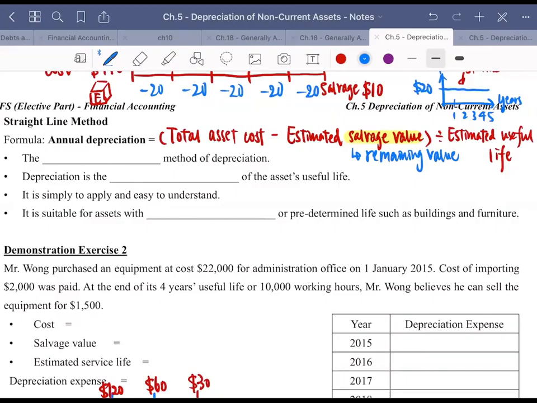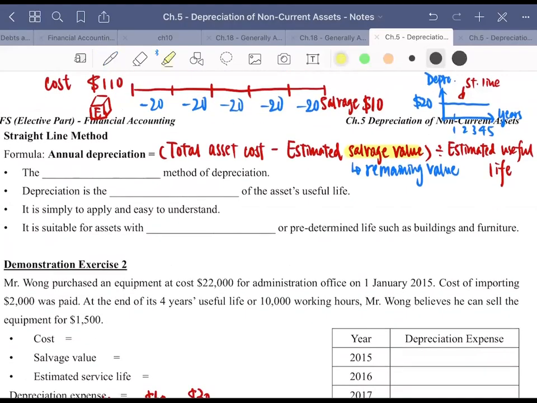And after deducting the estimated salvage value, we would divide the total amount by the estimated useful life. So you may foresee that using the straight line method, the depreciation would be a fixed amount every year. Just like the example we talked about last time, every year would be $20.